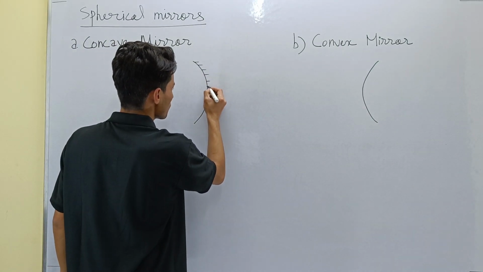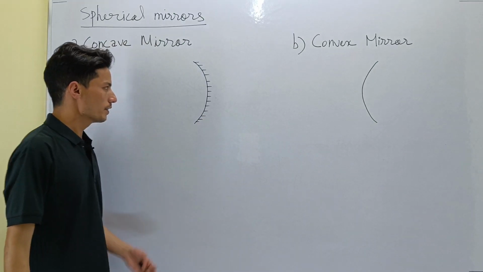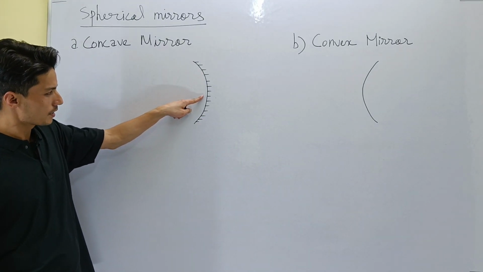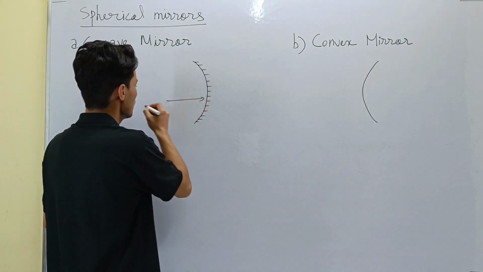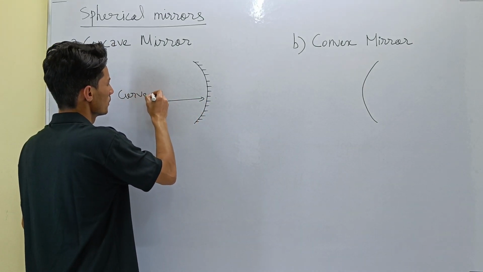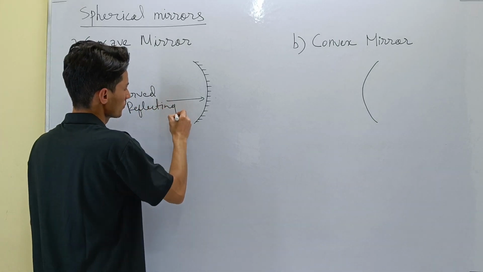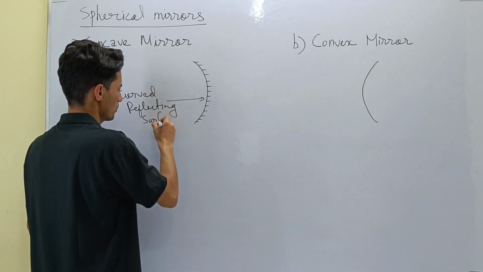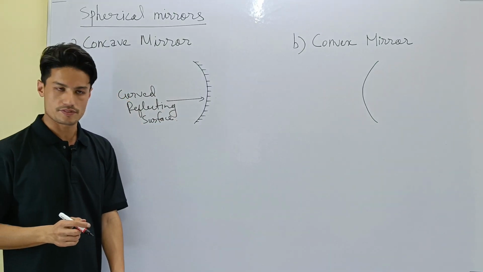This is the non-reflecting part, and this other side is the reflecting surface. So this one is the curved reflecting surface. So a concave mirror has a curved reflecting surface.